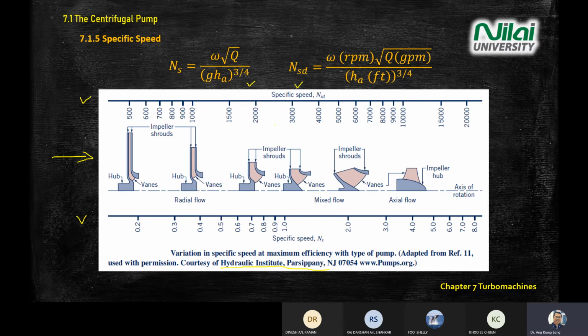So for example, after you calculate, either the top one or the middle one both work well. If you work with NS, you start with the bottom axis. Let's say you get 0.2 in your calculation, you just project up.